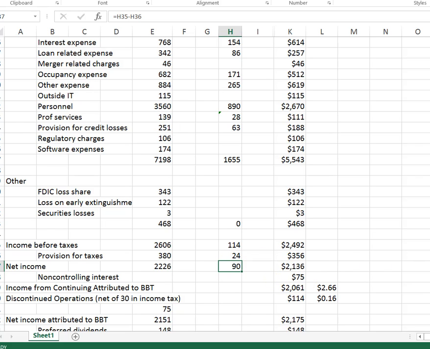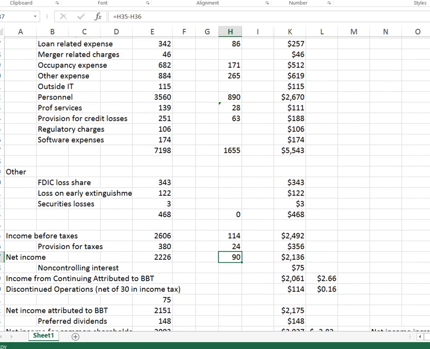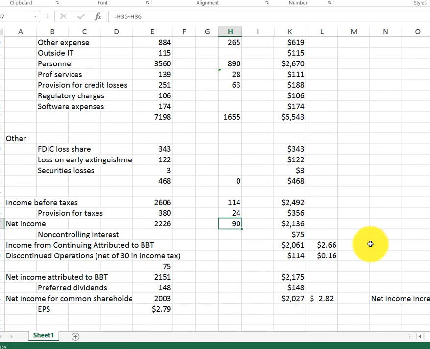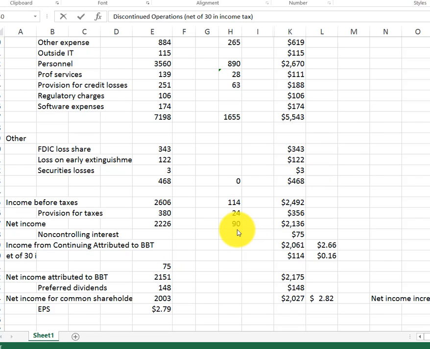All right. So where does that come in? That 90 comes down here and becomes discontinued operations.